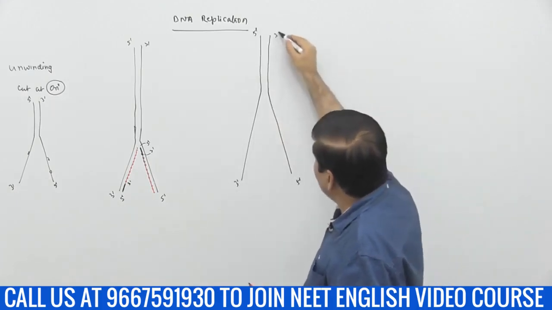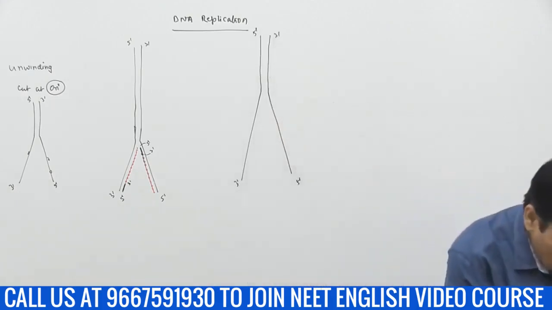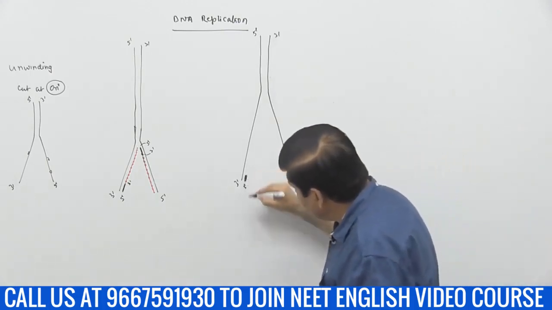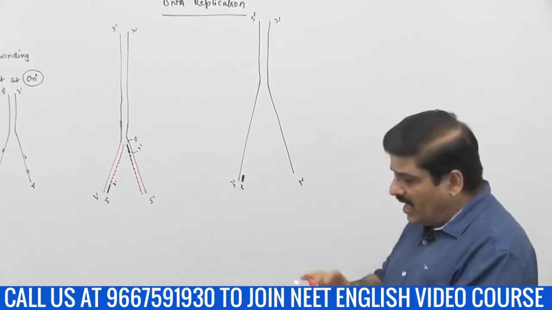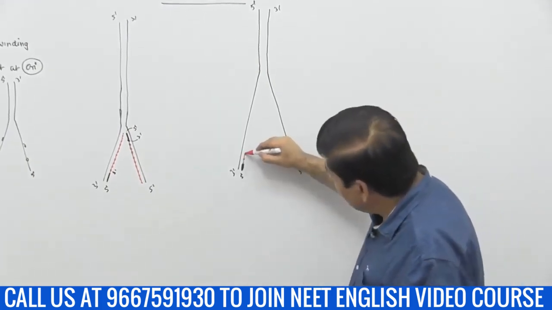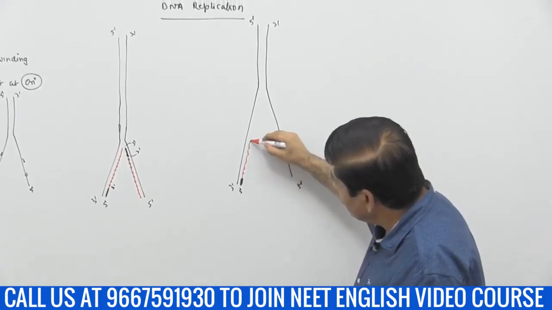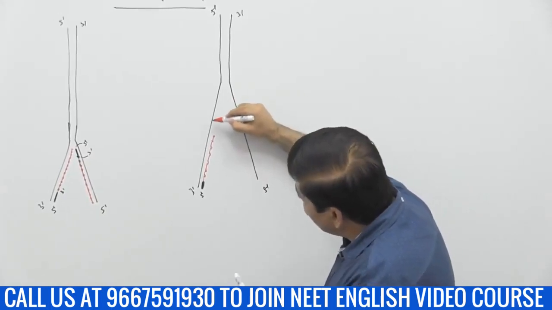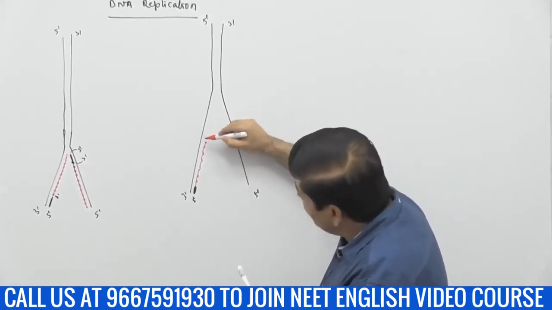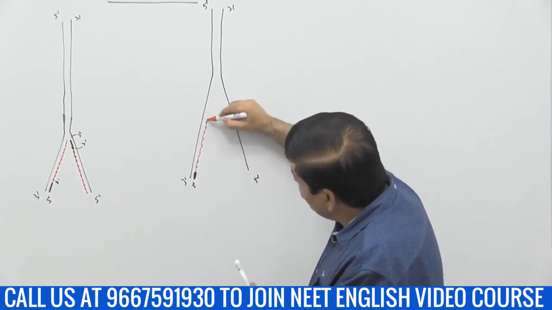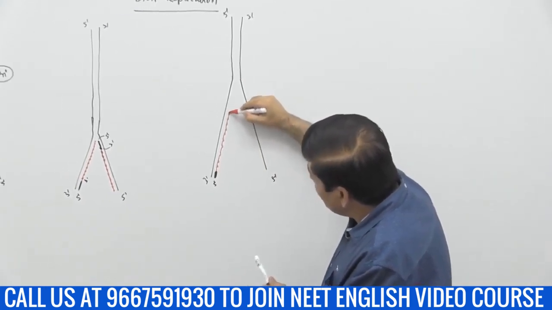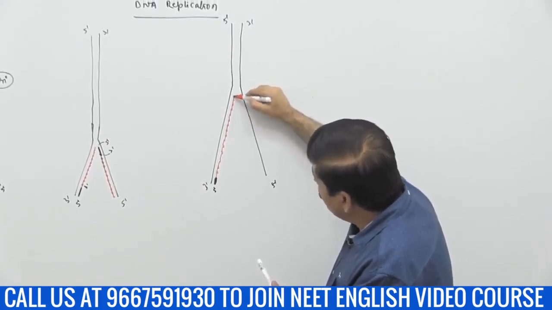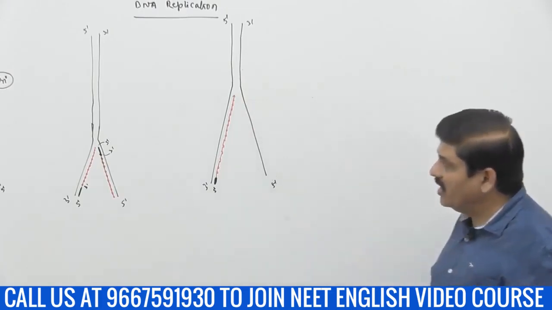This was 5' to 3', and if you remember, we had synthesized a primer here in 5' to 3' direction and extended the primer by adding deoxyribonucleotides. And this strand will keep on opening, and the DNA polymerase that is recruited on this particular strand, based on complementary base pairing, will keep on adding deoxyribonucleotides in a continuous manner. Mind my words. So that means this is how it is happening.